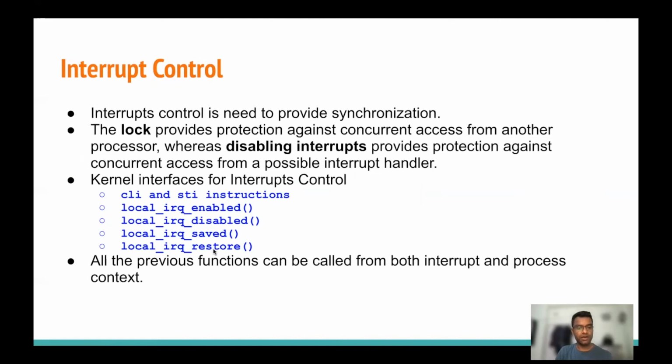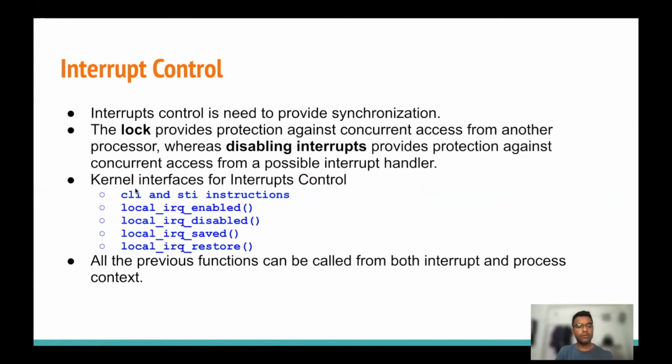These are the different mechanisms. CLI and STI are atomic instructions, and they stand for clear interrupt and set interrupt. There is a flag for each processor to allow interrupts.